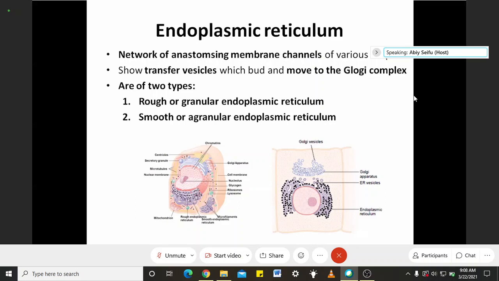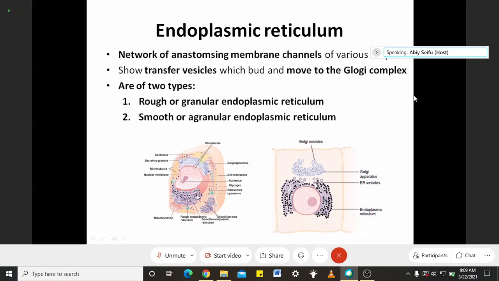So they are interacting. This endoplasmic reticulum, made by anastomosing channels of tubular structures of various sizes, makes substances which would be wrapped by membrane and form transfer vesicles. These are to be transported to the next organelle, which happens to be the Golgi apparatus.